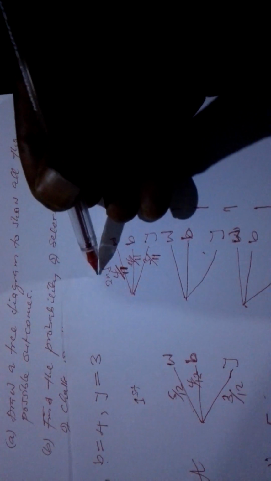Now this next one, the next branches here, they are representing the blue from the original. So in this branch here, we are assuming that the second piece of chalk that was selected for the second time, this time it is blue.